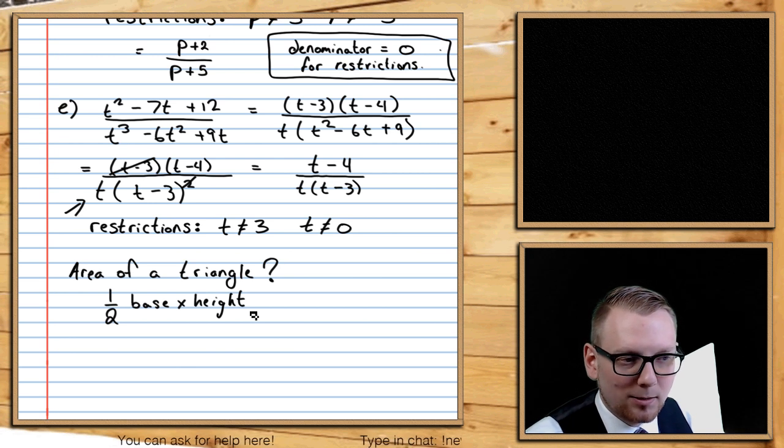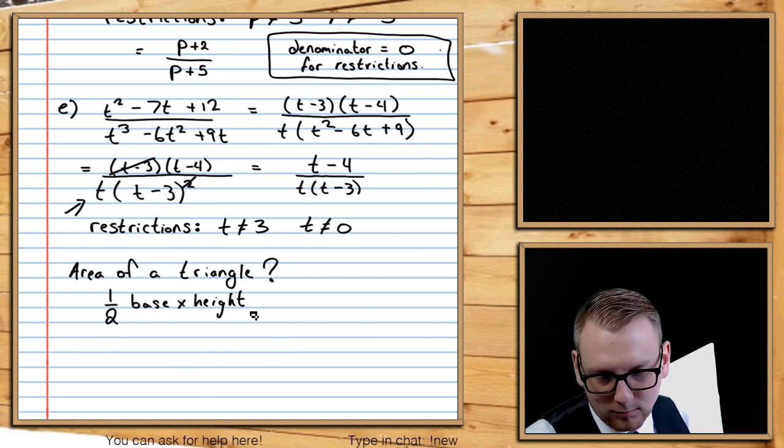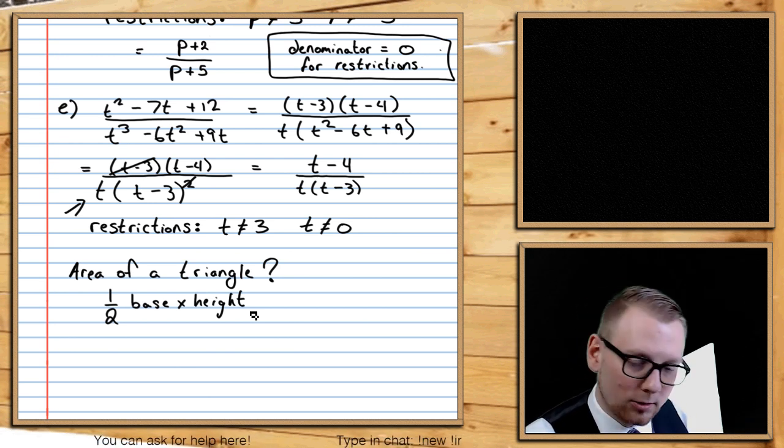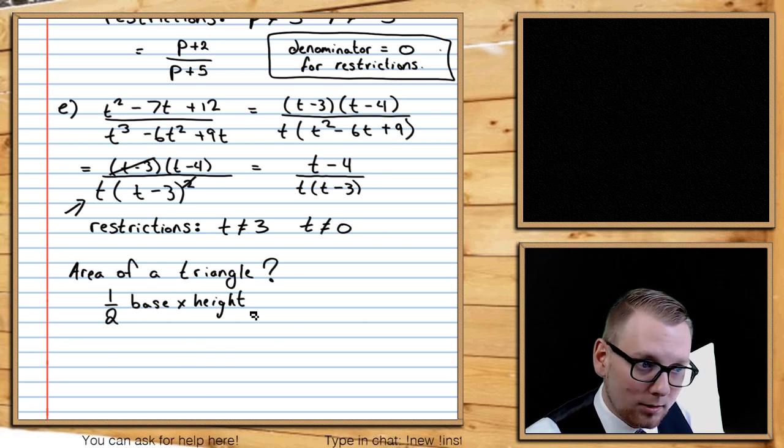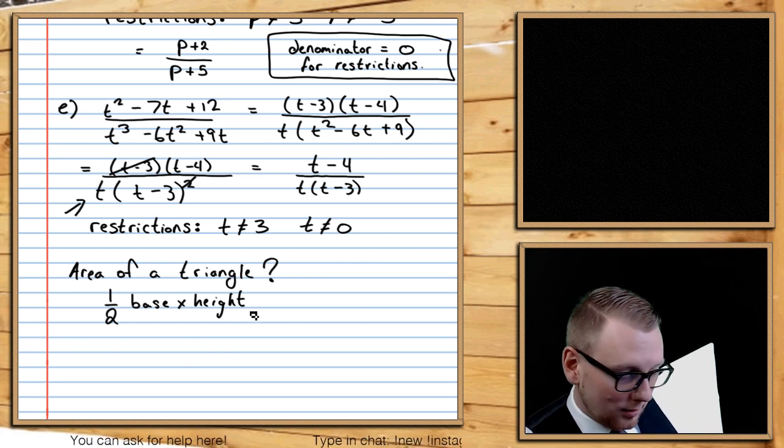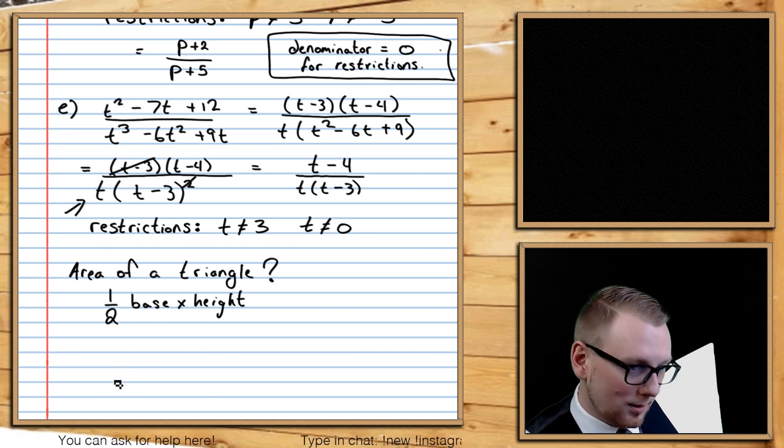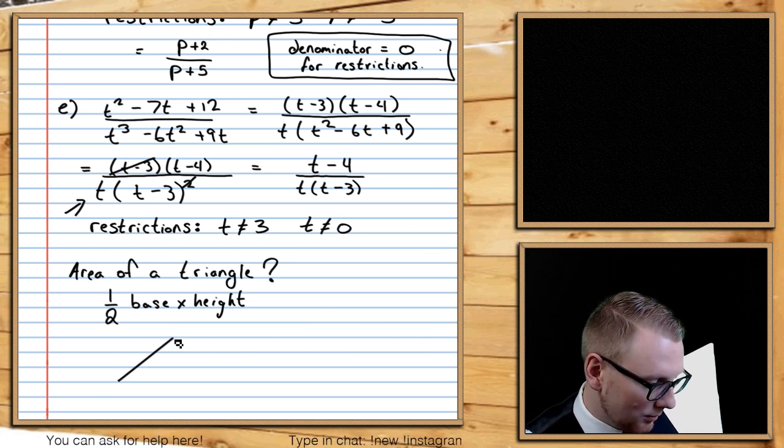Because base times height would just be like a square. So you would have one half of that for a triangle. So in this question here, let's see if I'm half decent at drawing.